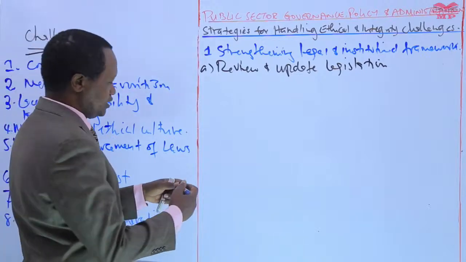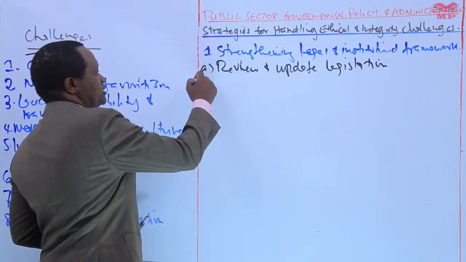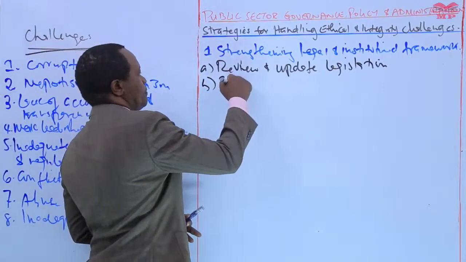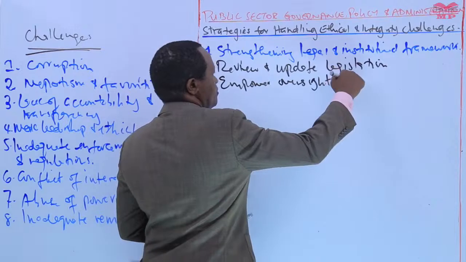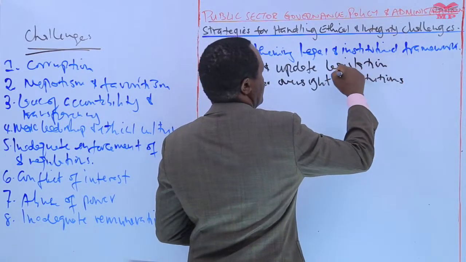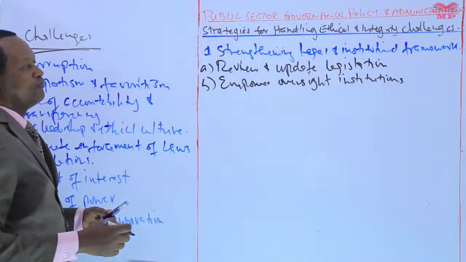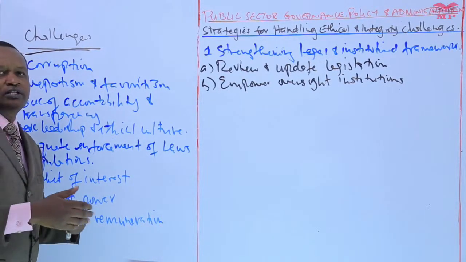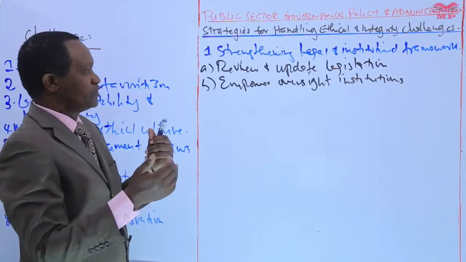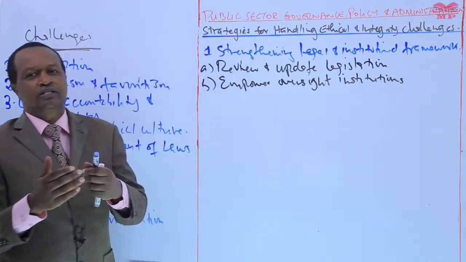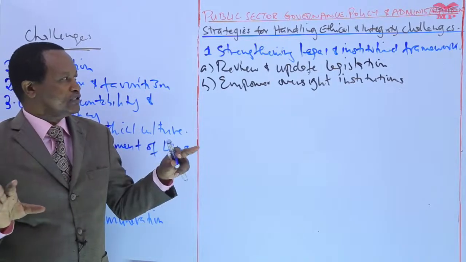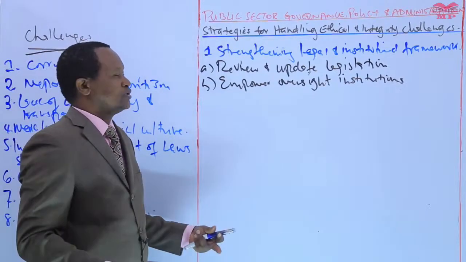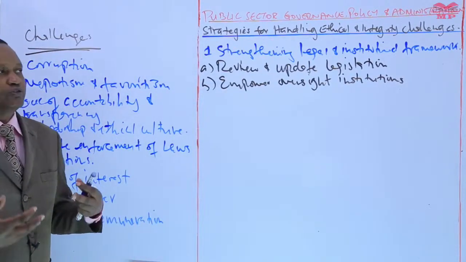Another way to strengthen legal and institutional framework is to empower oversight institutions like the Ethics and Anti-Corruption Commission, the Public Service Commission, the Office of the Auditor General, so that these institutions are able to deal with the issues arising from unethical conduct from the public servants.